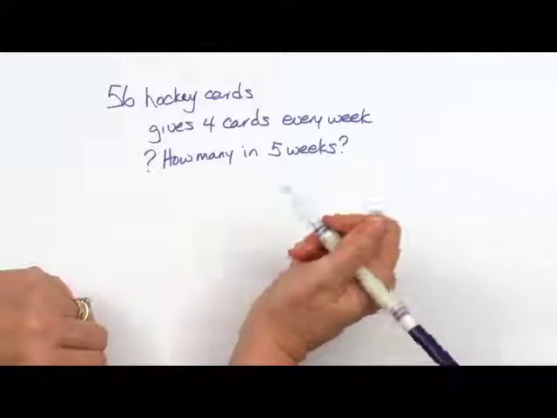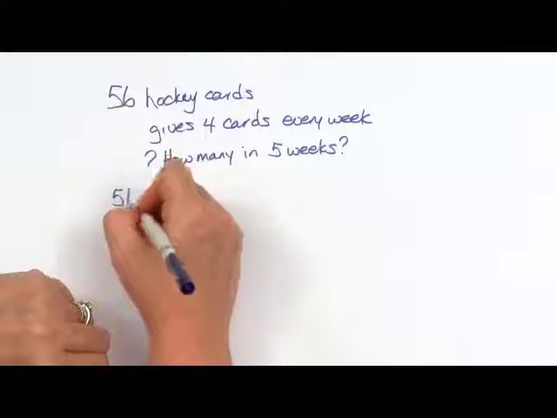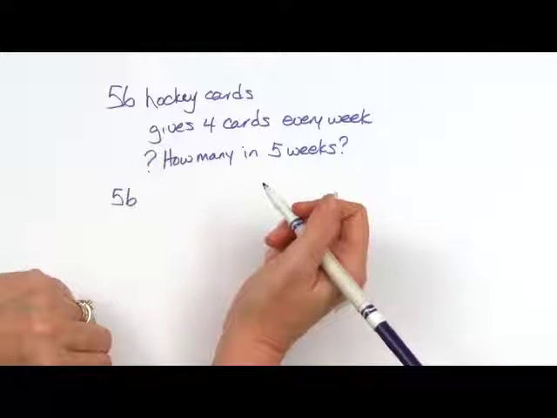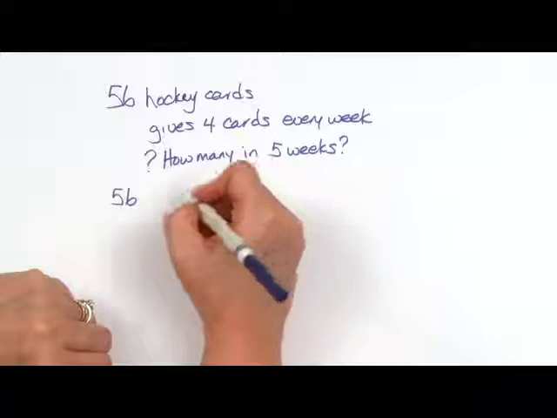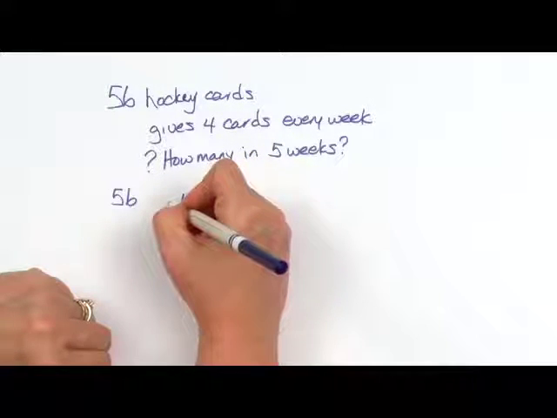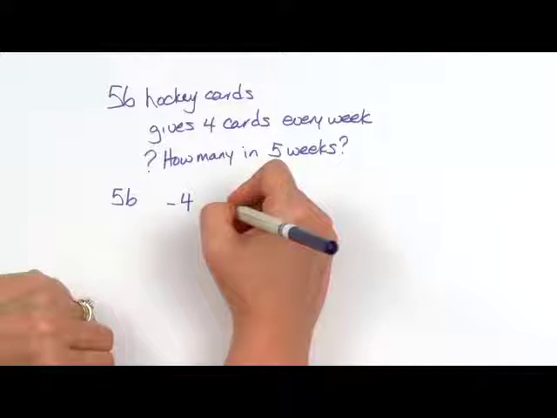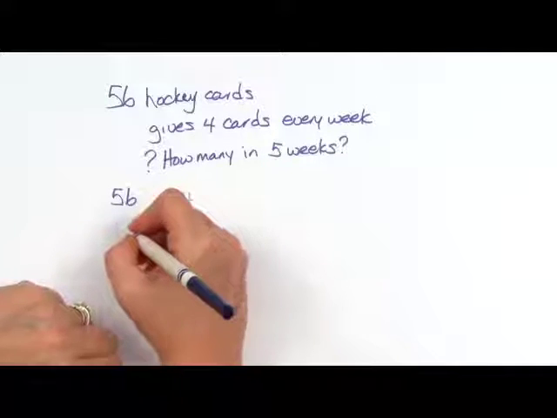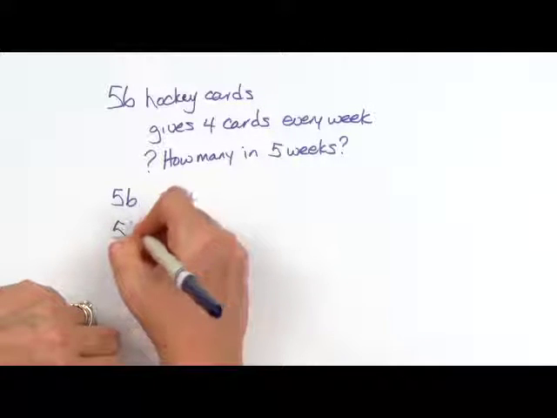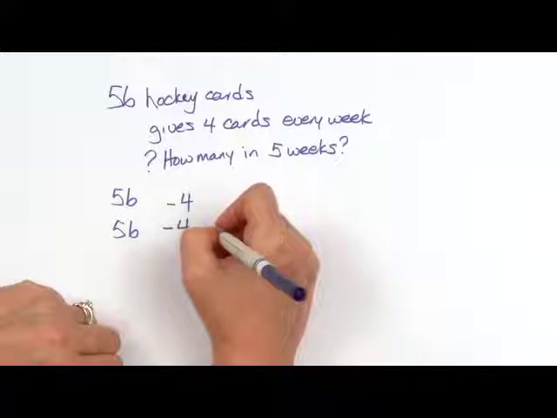Let's think about this for a moment. We know that we are starting with 56 cards. We also know that there are 4 cards being subtracted every time. So this is 56 cards, and the first week we took 4 away. In the next week, we have our 56 cards, subtract 4, but then subtract 4 more.